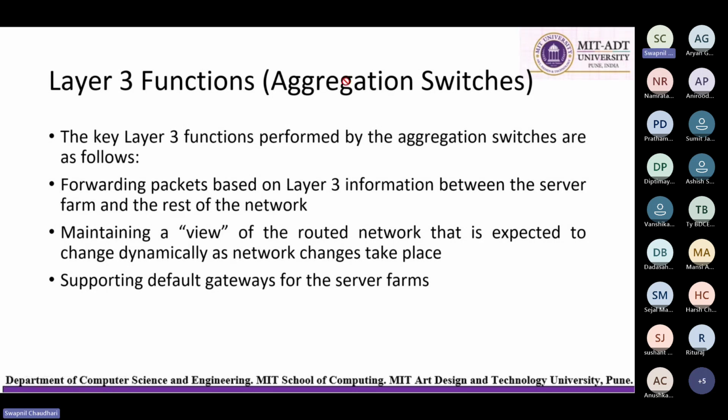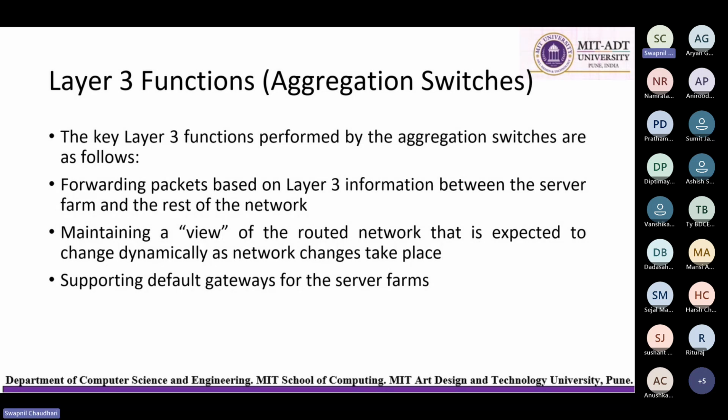The aggregation switches are mostly responsible for forwarding packets based on IP, that is, layer 3 information. What does this mean? The data coming from the server is routed to other networks, such as the internet or other data center segments.